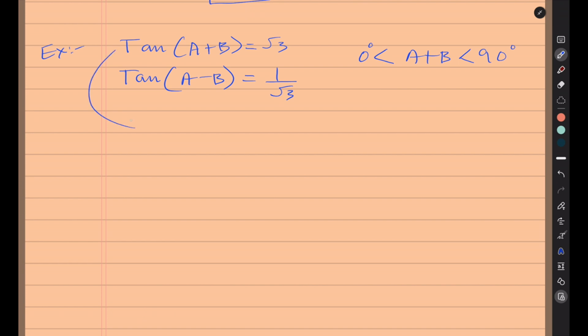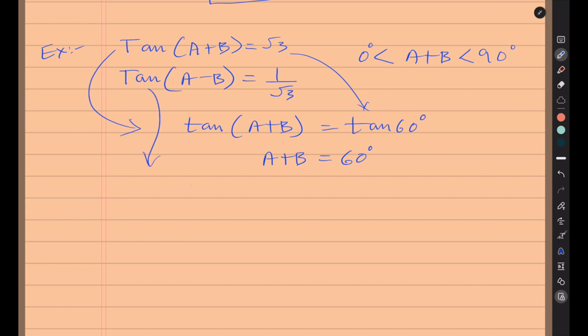We will first take the first equation and try to write it in terms of the tan angle. So here root 3, do you remember, tan 60 degree is equal to root 3. It means angle A plus B should be equal to 60 degree.